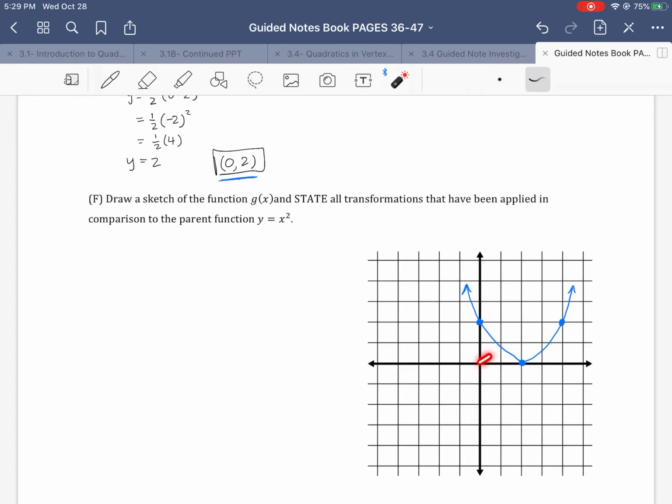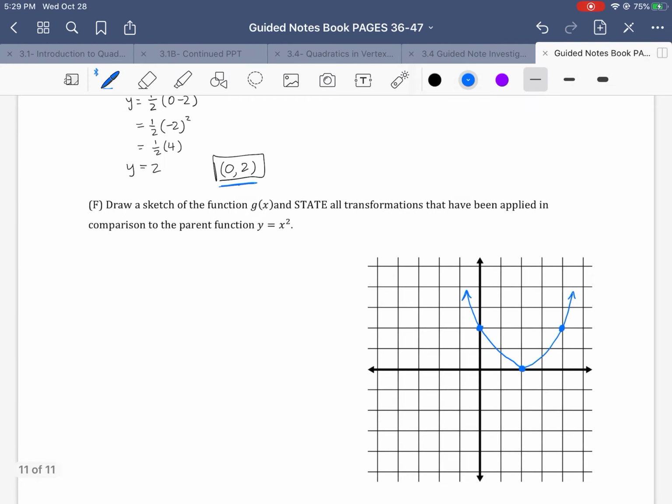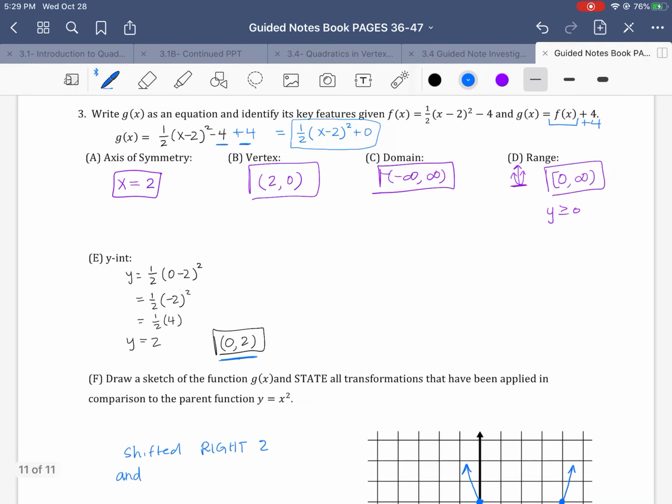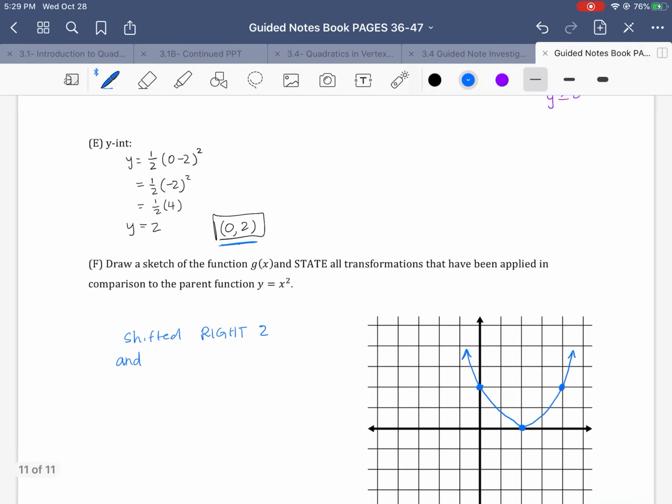And then it says compare it to the parent function. So remember, the parent function would be sitting over here, crossing at 1, 1. So if we wanted to compare it, we can either use the graph or the equation itself. This one's been shifted to the right too. So it's no longer sitting at the origin. And it looks like it's been stretched or shrunk, right? And if we look at the original equation, there's a 1/2 out front.